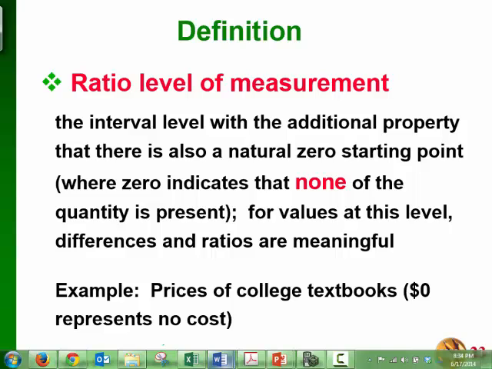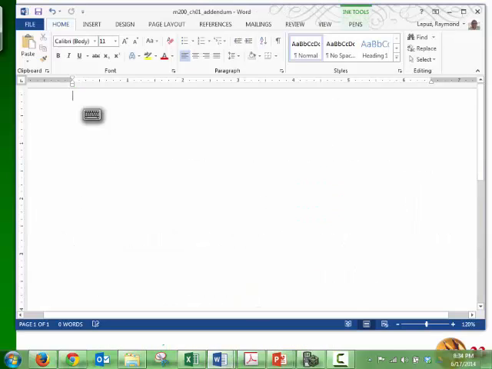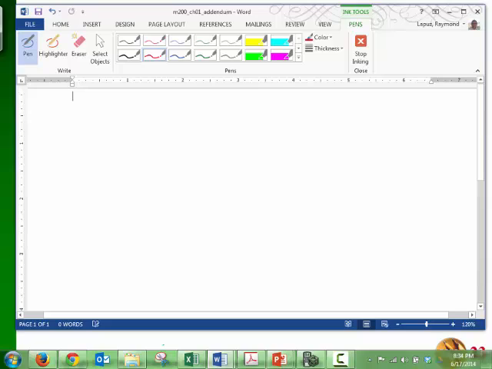Let's see if we can put this in a picture. So let's put the idea of qualitative on top and of quantitative on the bottom.